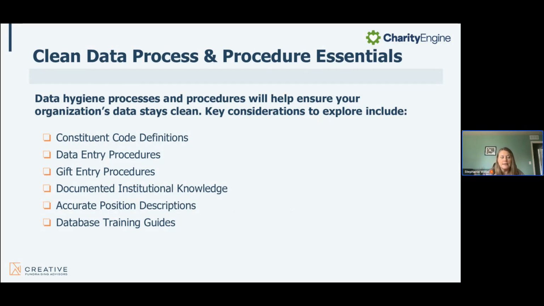So for instance, if I were to pop into your system, or a new staff member came into your system and they see your constituent code or your tag, does it make sense? I'll give a for instance: prospect. If you don't have a definition of what prospect means in your land, it could be confusing. Is that a prospect now? Is that a prospect later? Is it always a prospect? And so having definitions of that tag and that relationship goes a long way.